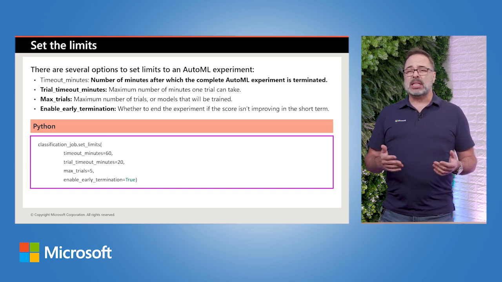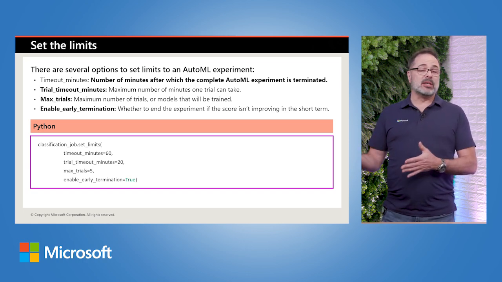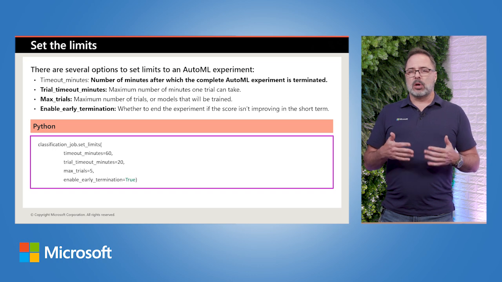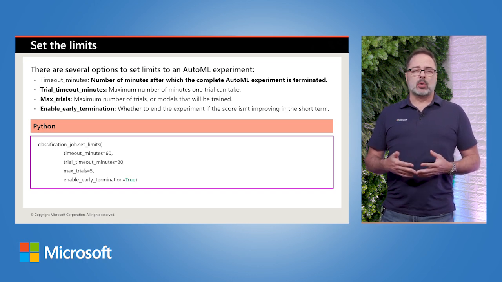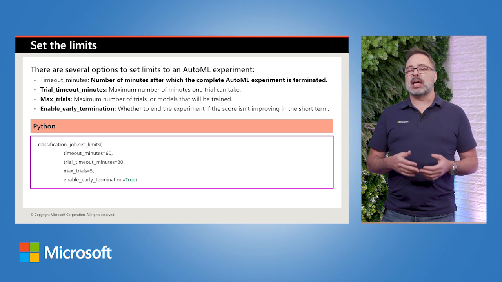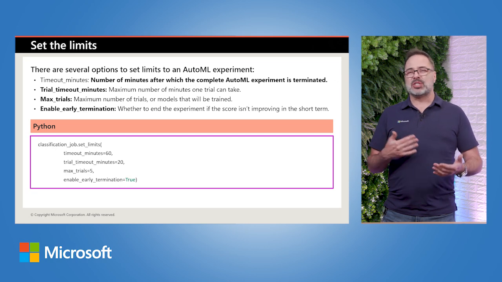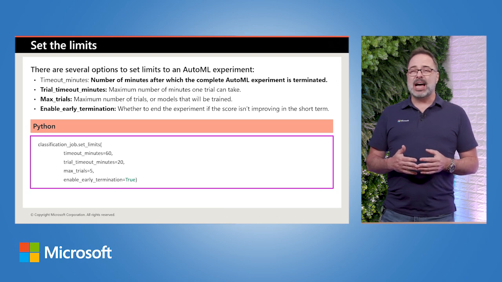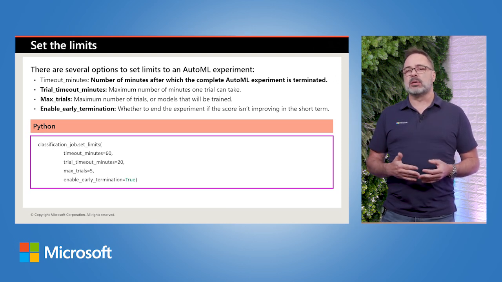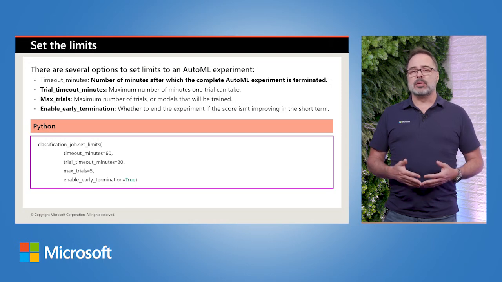And we're limiting the maximum number of trials to 5. We're also setting the enable early termination property to be true, which will allow the AutoML process to end the experiment early if the score isn't improving in the short term. All of these settings can help us to restrict the amount of time being spent calculating the different models, which in turn helps us to limit the amount of compute that we're using.